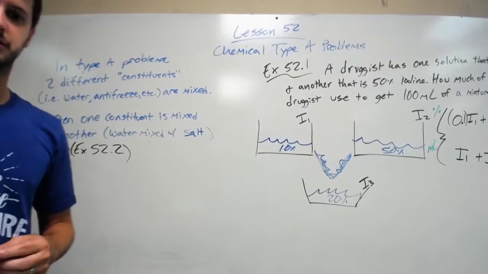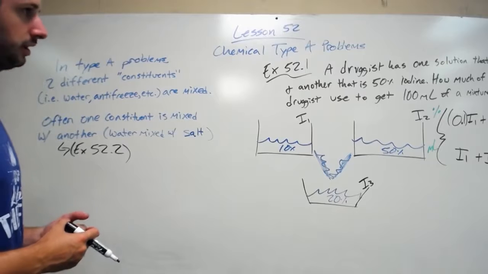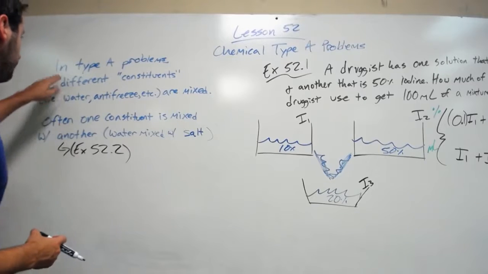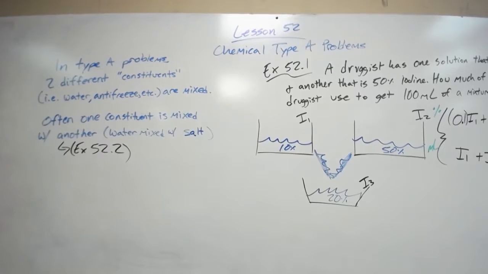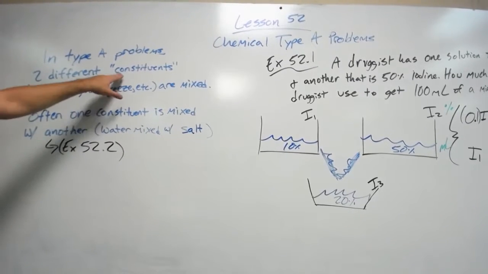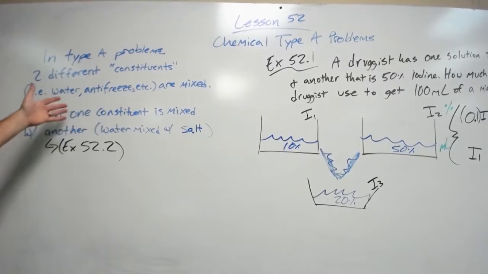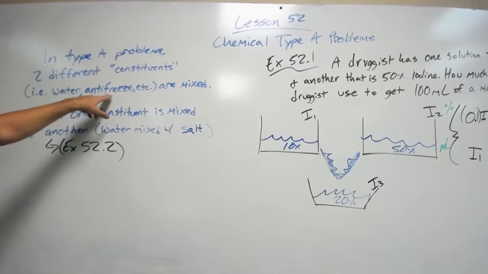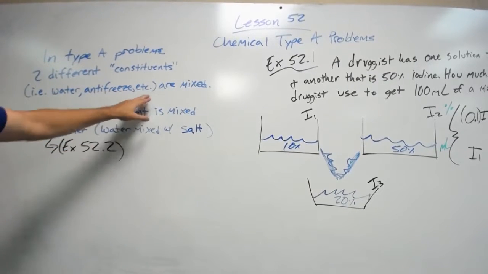In lesson 52, we're going to learn about chemical type A word problems. Now, a type A problem is where you have two different constituents. And what that simply means, think of not chemical necessarily, but something like water, antifreeze, iodine, salt, things like that.